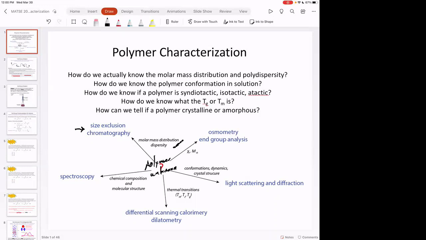And if we calibrate that technique correctly, we can get molecular weight directly from figuring out how big the coil size is. What does chromatography mean? Does anyone know? If I say we're going to do chromatography, what pops into your head? In the water. Yeah, you put some stuff in, but what physically are you doing? You're measuring the transfer of a chemical through a solute. That's right.